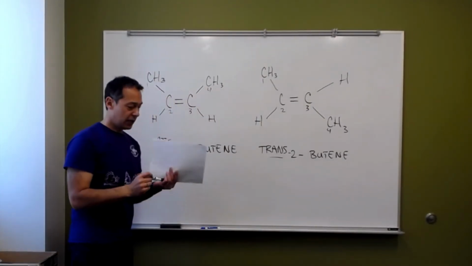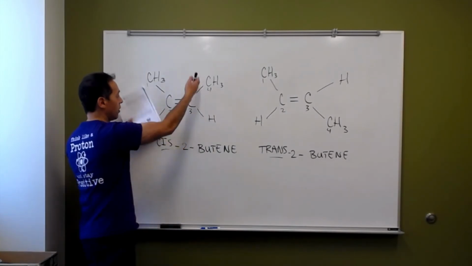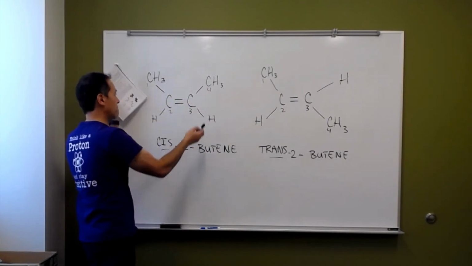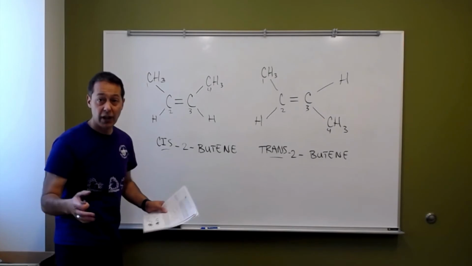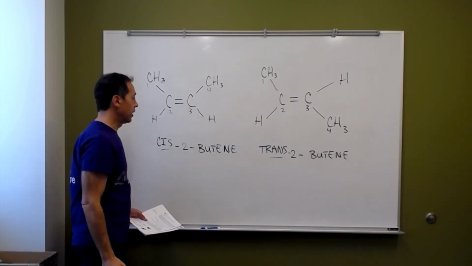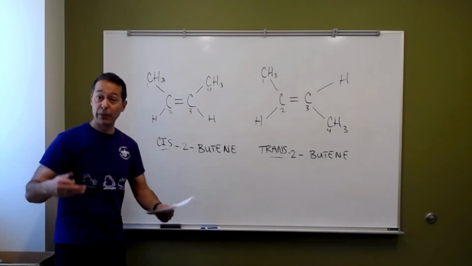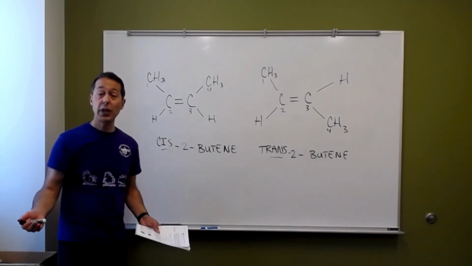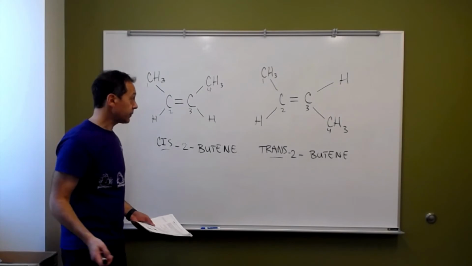So that's just it, cis and trans: whether these methyl groups are on the same side or opposite sides of the double bond. Now what I'm going to try next is throwing some names up and see if you can draw the structures.